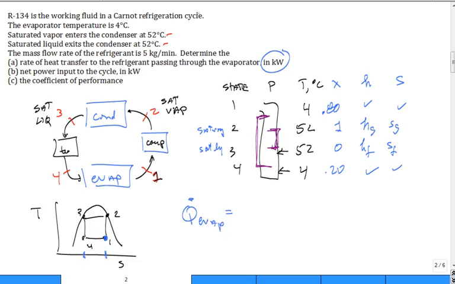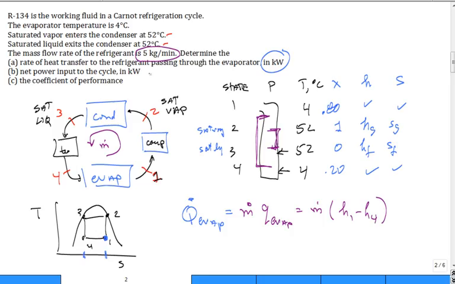That's equal to the mass flow rate, m dot, of the refrigerant flowing through, given as 5 kilograms per minute, times the Q in the evaporator, so m dot times (h1 minus h4). And chase your units, make sure you get kilowatts as the answer.